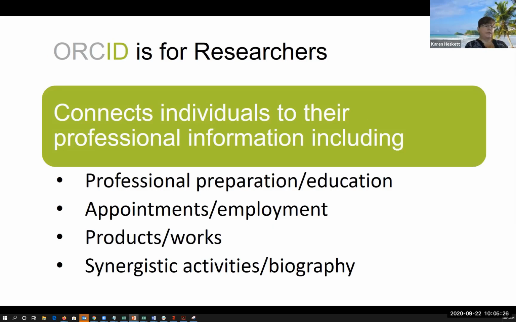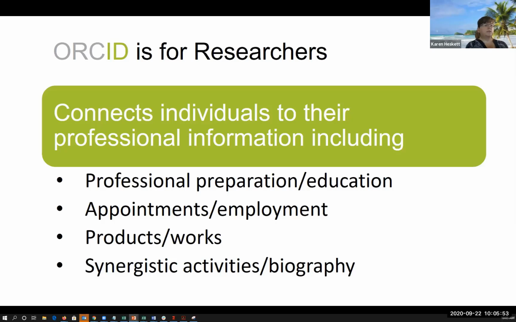And the bullet points here are to give you the matchup between what NSF is looking for and what ORCiD sections there are. So on your NSF form, you're going to have your section for professional preparation. Well, that's your education. And ORCiD gives a spot for you to put your education in, so you don't have to type it every time into the form.